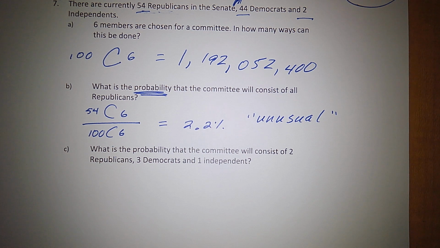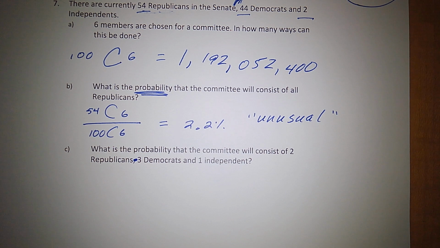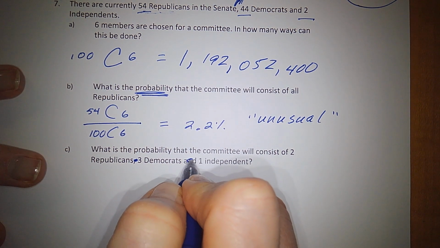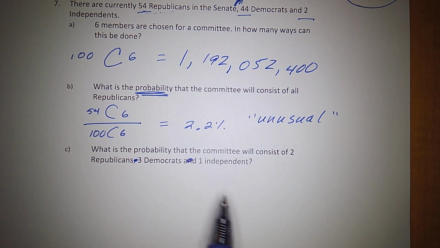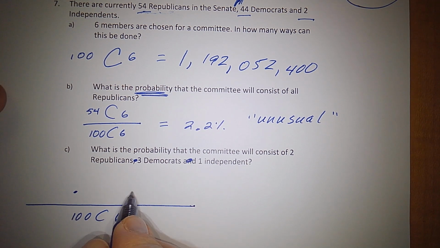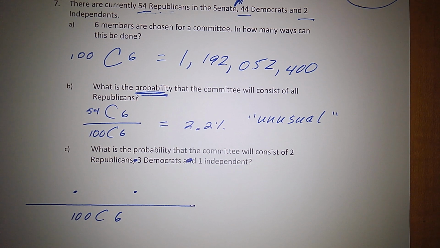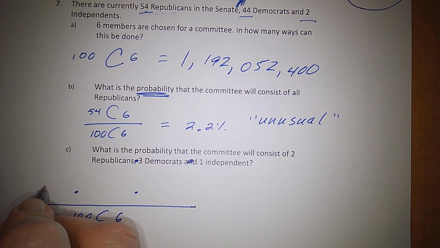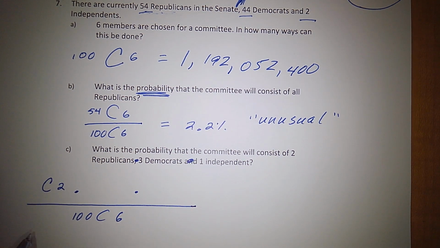What is the probability the committee will consist of 2 Republicans and then 3 Democrats and then 1 independent? So these are 3 separate events and we have to multiply all of them together. Remember, our denominator, we're still selecting 6 out of 100. But in the numerator, we have to go back into the hat 3 separate times to select people from 3 different parties. So first we're going to go into the hat and we want to make sure we select 2 Republicans out of the group of 54.